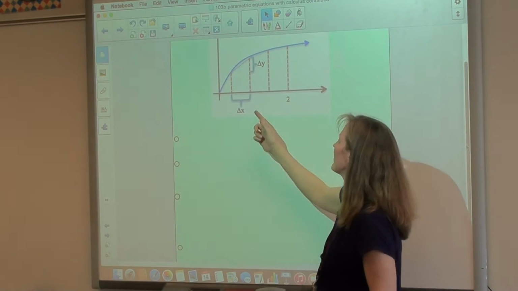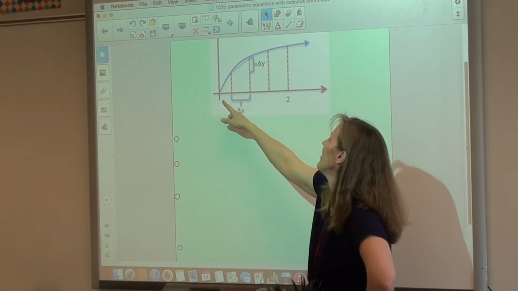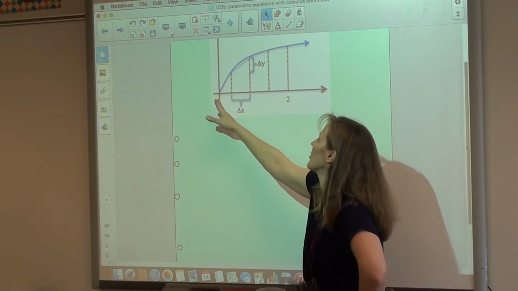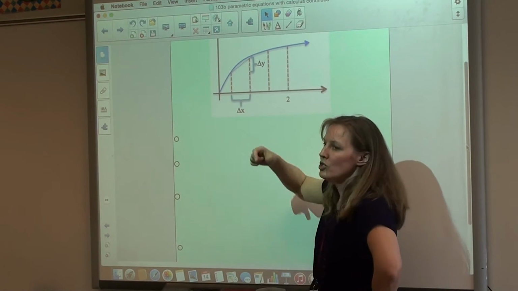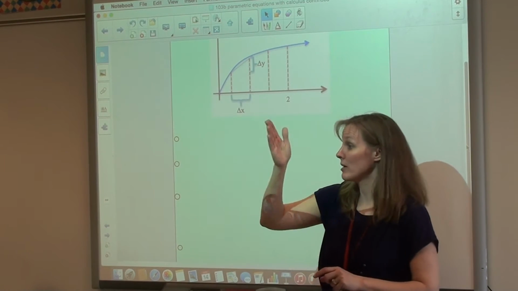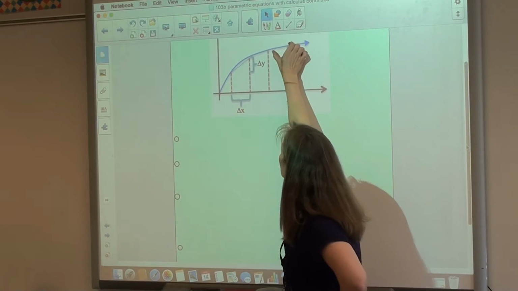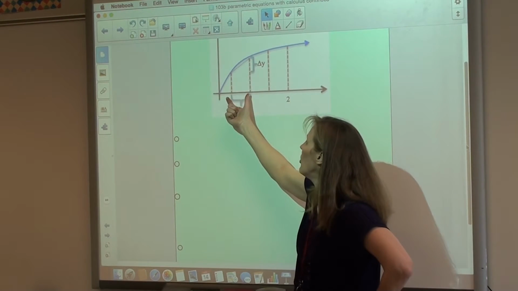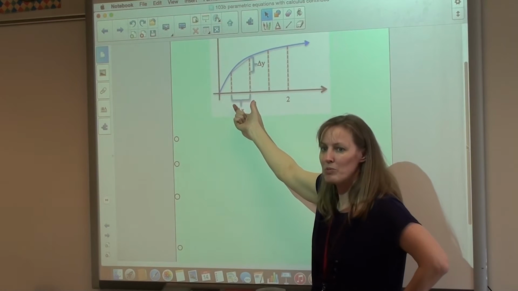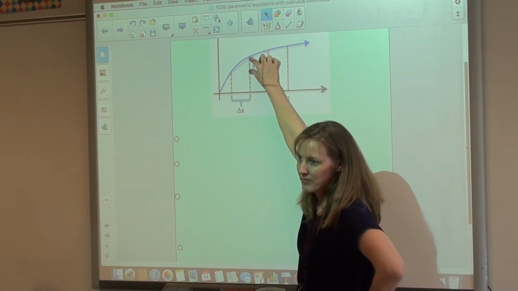Back in chapter 7, when we derived the formula for arc length, say we want to find the length of this arc from 0 to 2. You break it into segments, just like when we found area, we broke it into rectangles. The horizontal component of each little segment would be delta x, and the vertical component would be delta y.